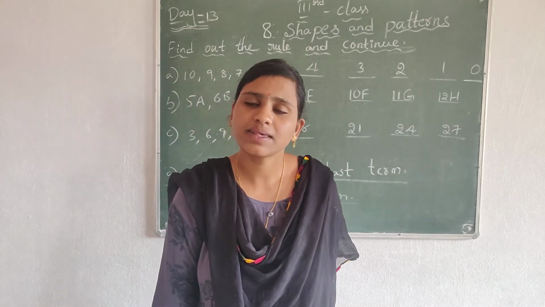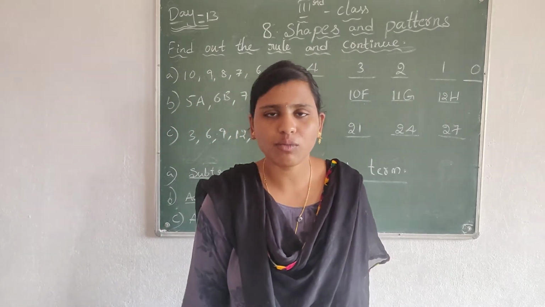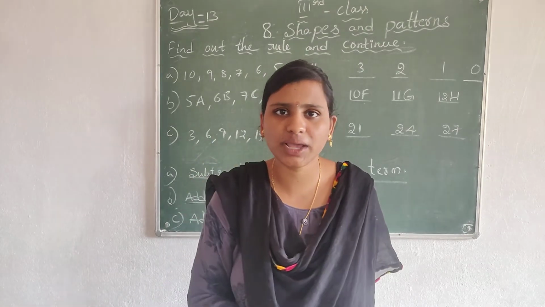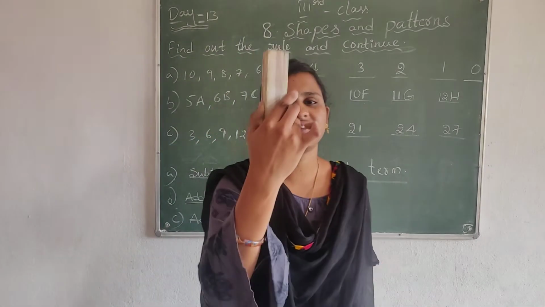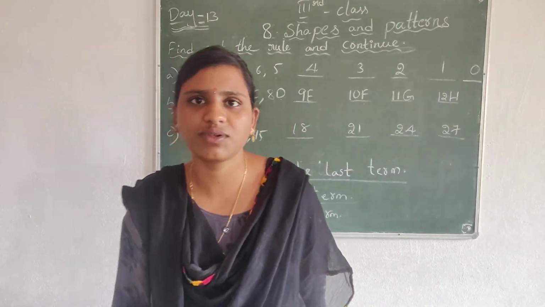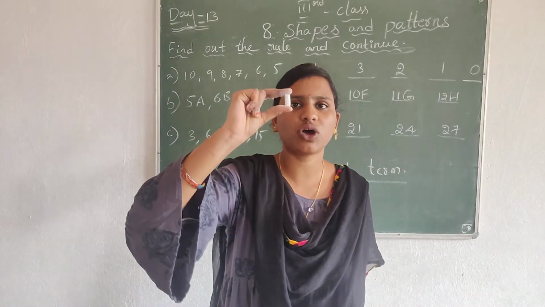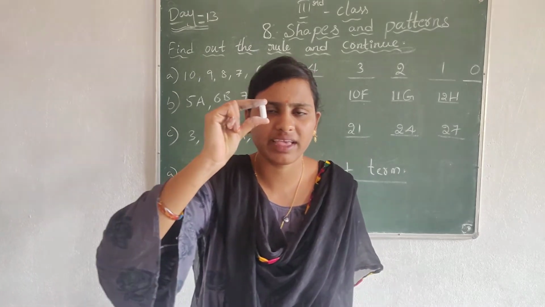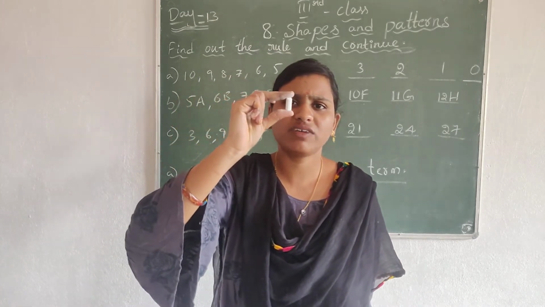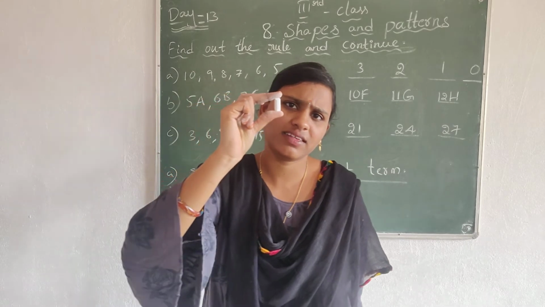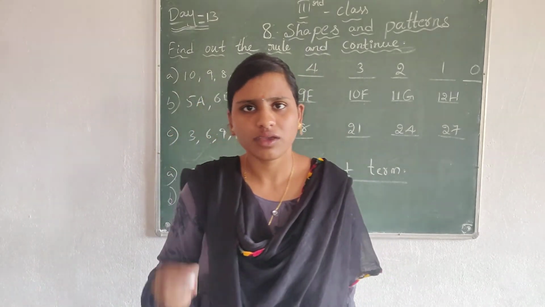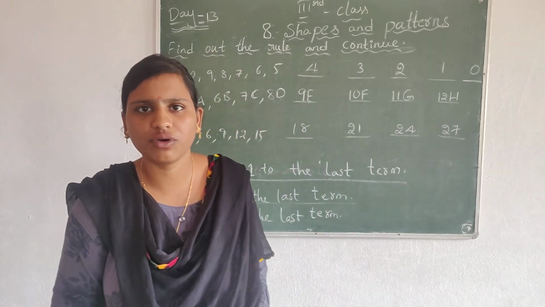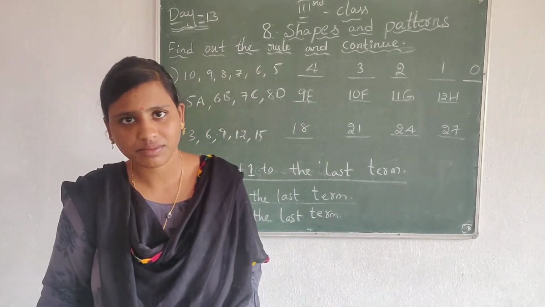That is a sphere. What is your mobile shape? That is a rectangle. What is your duster shape? That is also a rectangle. What is your piece of chalk shape? Tell me, cylinder. Okay, you understood all of you, the shapes and patterns.